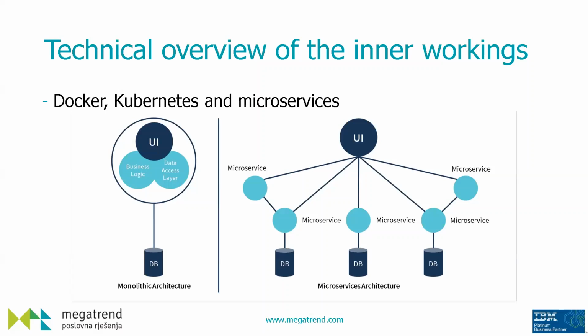So to be completely cloud native, applications have to have three properties. They should be container packaged, running the application and process as an isolated unit.